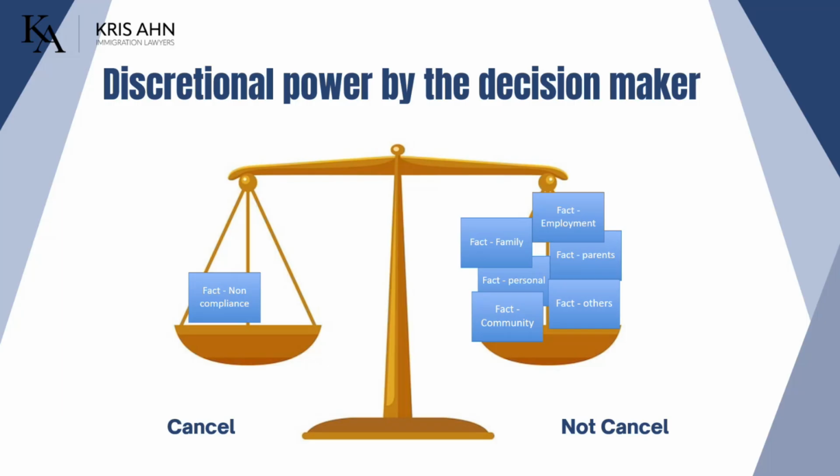Because they've initiated through the NOIC, the psyche of this whole application is already against the client's favor. They wouldn't start this whole exercise if they didn't want to, unless maybe you have some new facts which the department doesn't know.